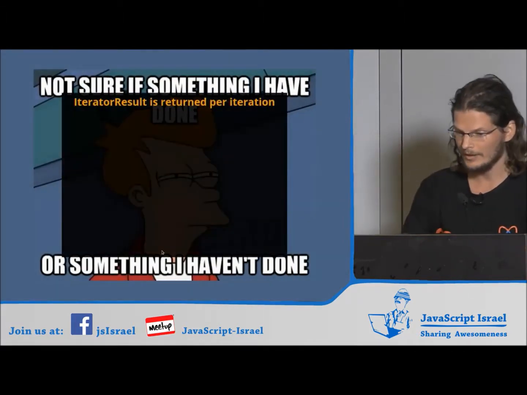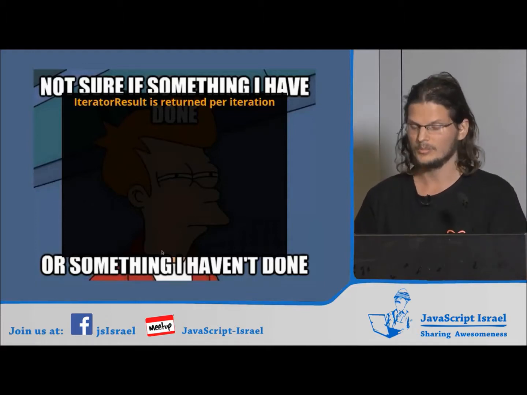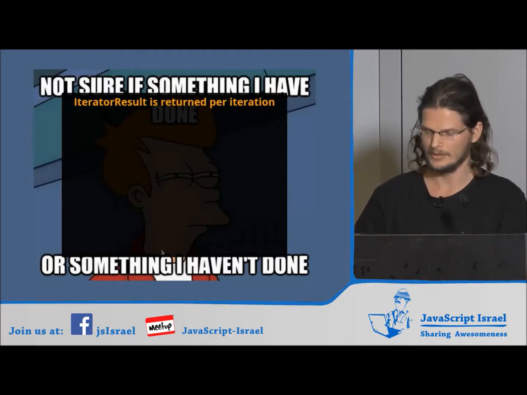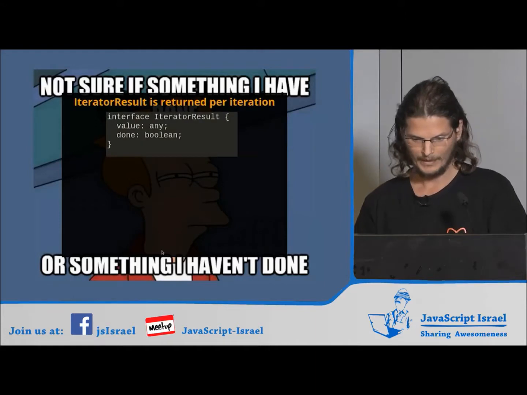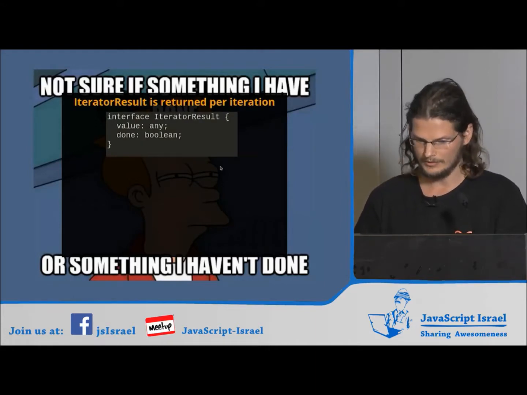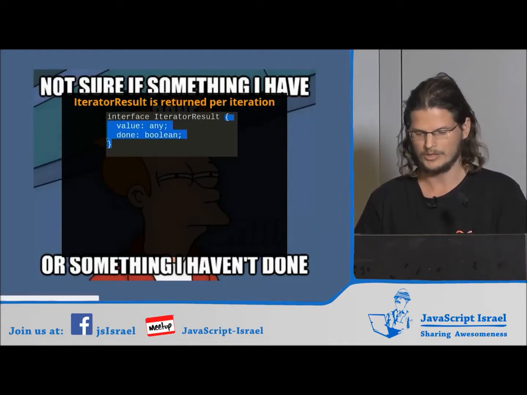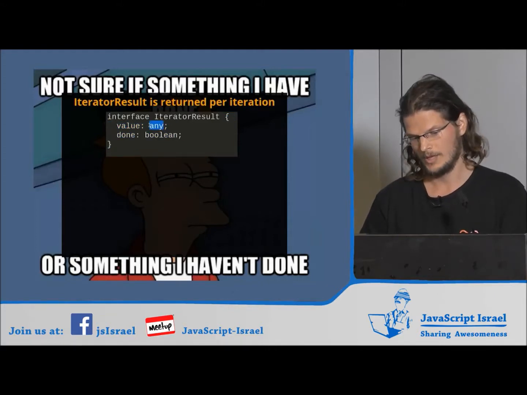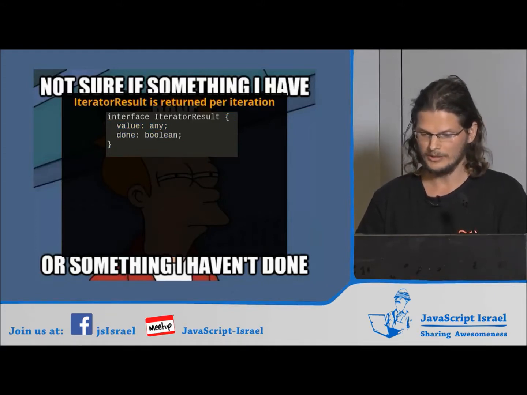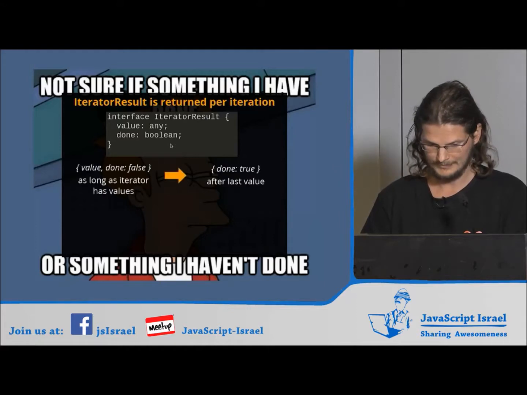So an iterator result is returned per iteration from the iterator. This is how it looks. An iterator result is an object which has any value, and it has a Boolean done property. And this is how it works.